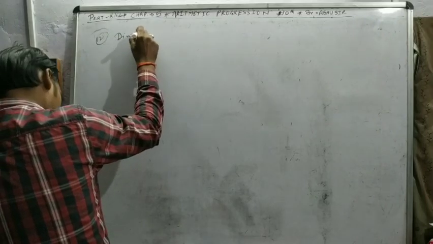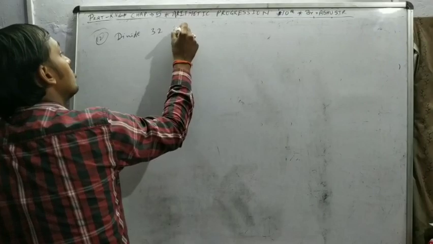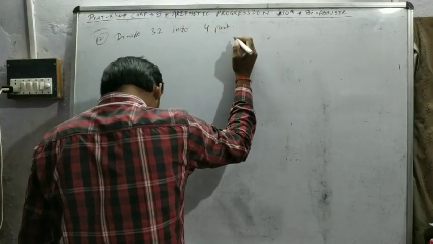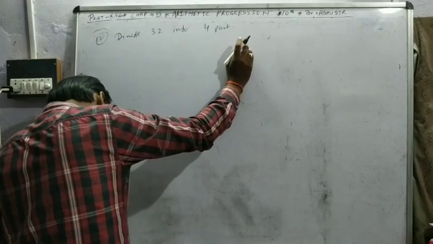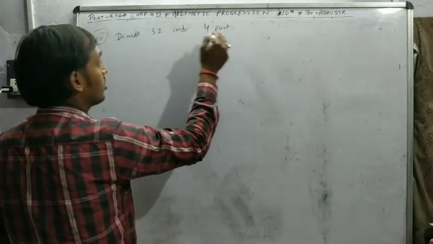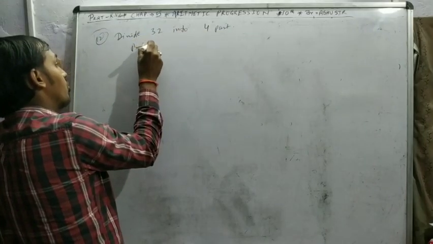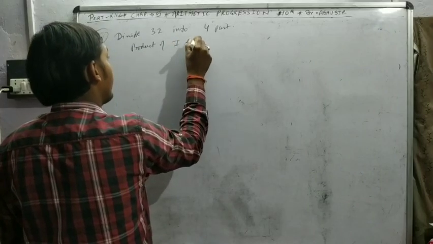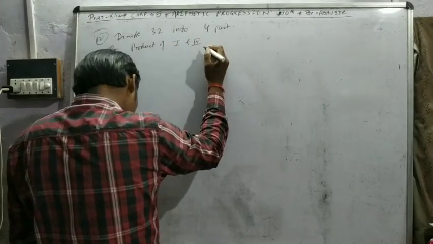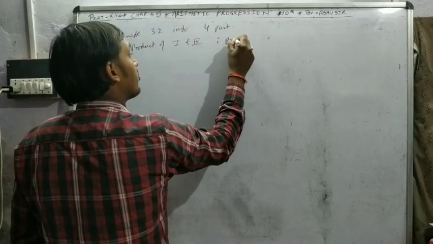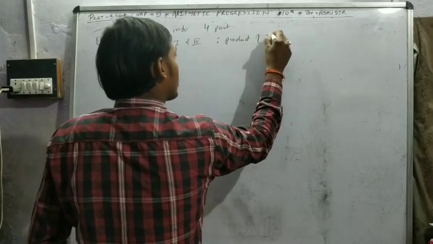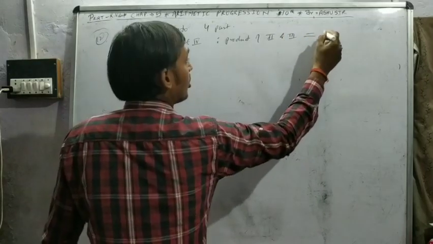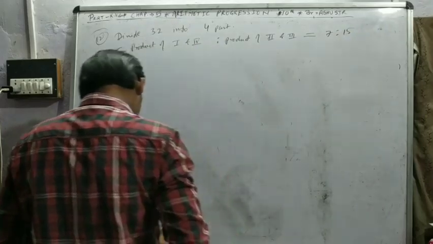Divide 32 into 4 parts such that the product of the first and fourth is to the product of the second and third as 7:15.